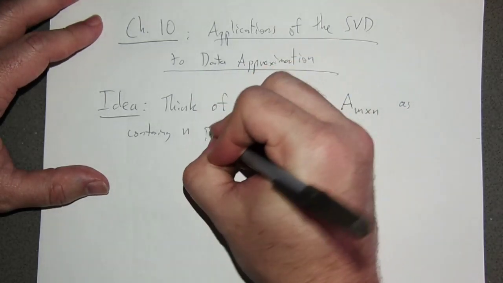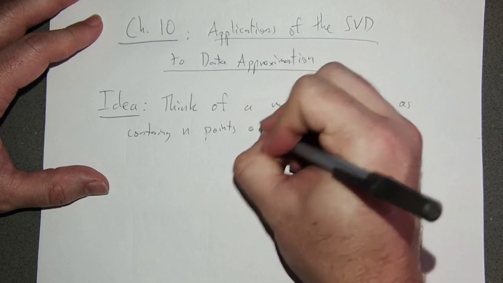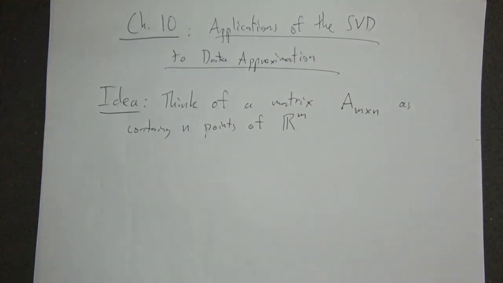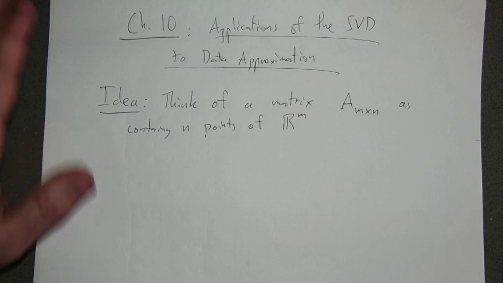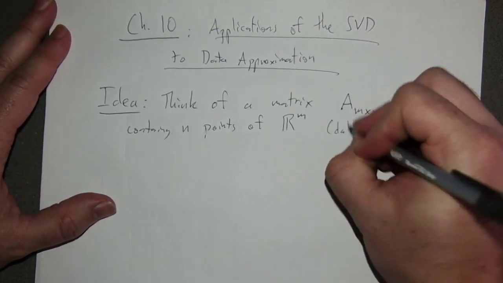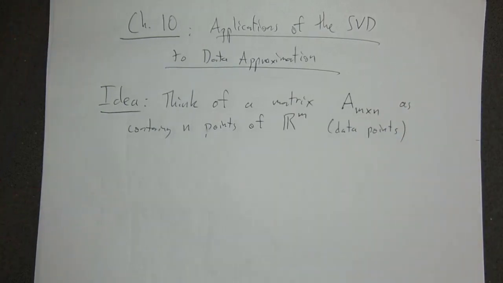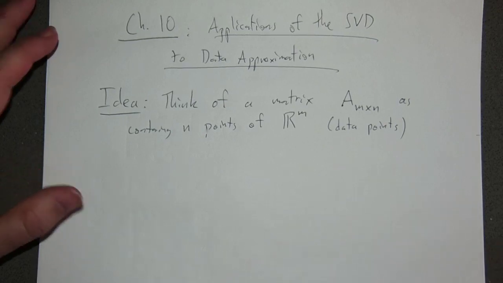So containing n points of Rm. Okay, so these are data points, if you like. So I have some points describing some data. This matrix contains them.